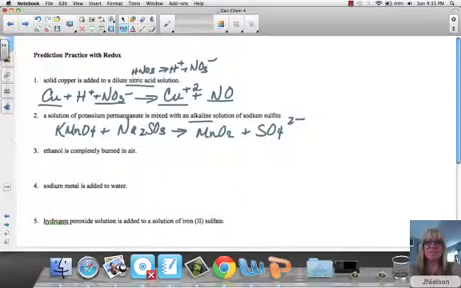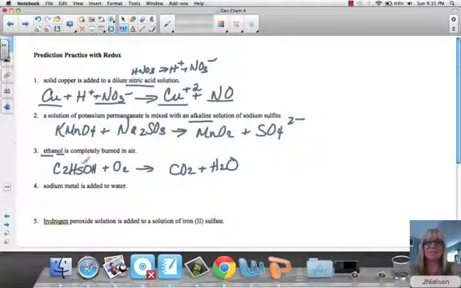Ethanol burned in air. Ethanol, eth means 2, so it's a 2-carbon alcohol, so that's C2H5OH plus oxygen is basically going to produce CO2 and water. You just have to know that one.